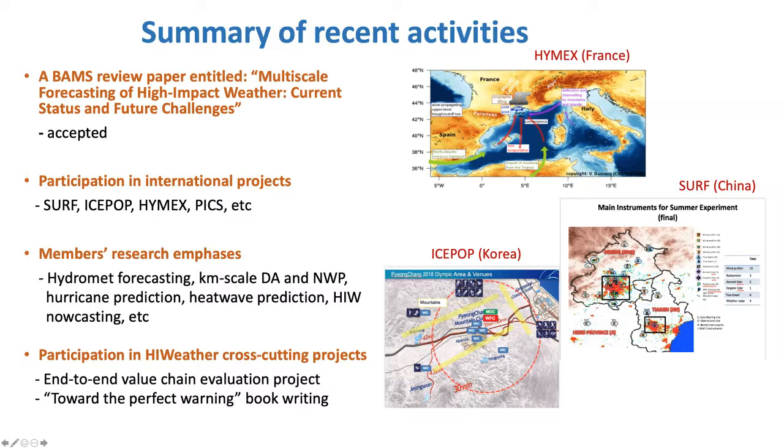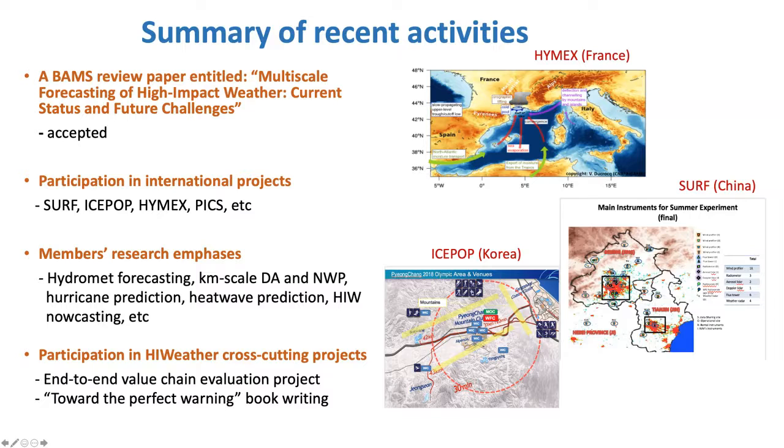And of course, our members have much wider research areas than I just highlighted. For example, they have people doing hurricane prediction and heat wave prediction. I don't have time to highlight their research, but in today's program, I hope you can get a flavor of these researches.